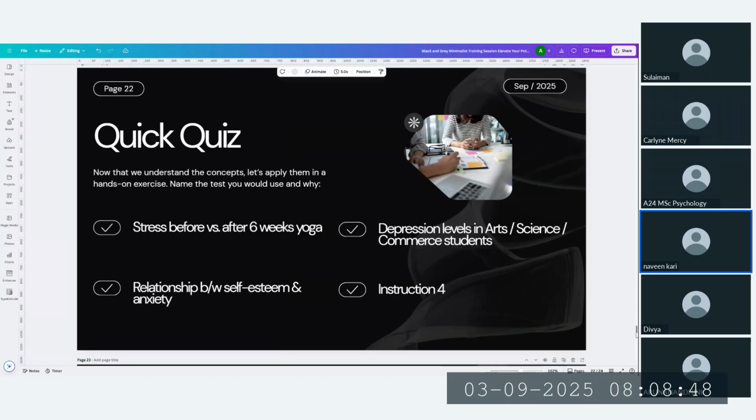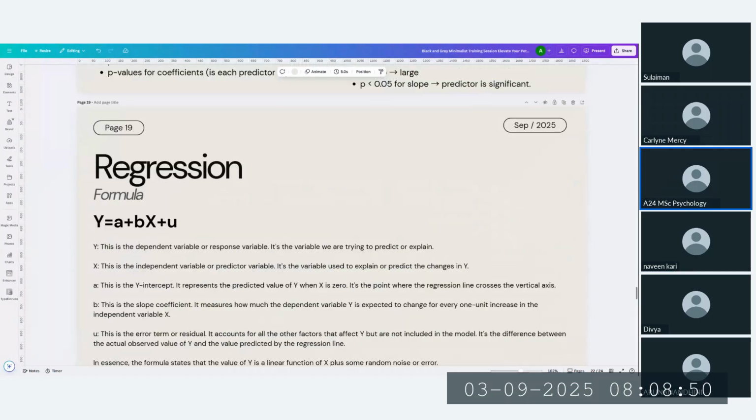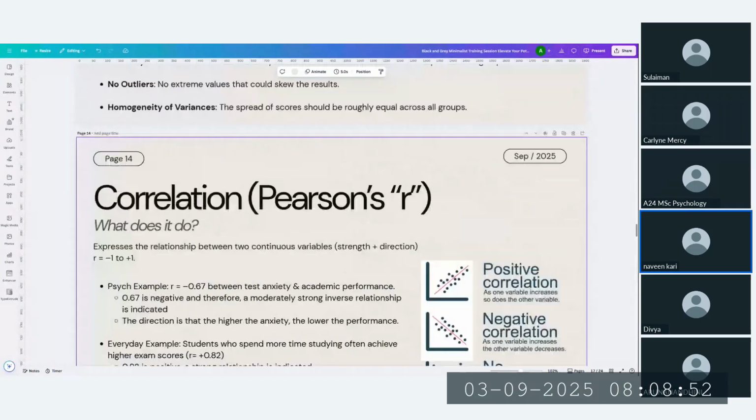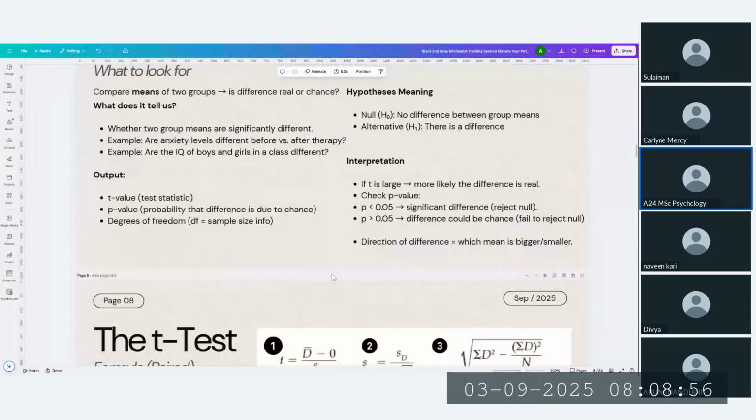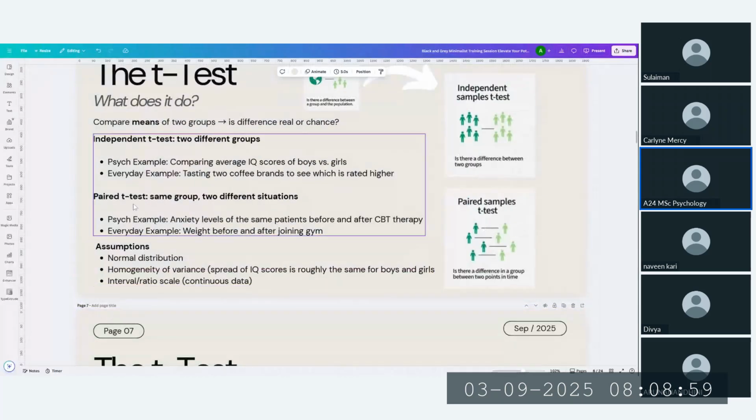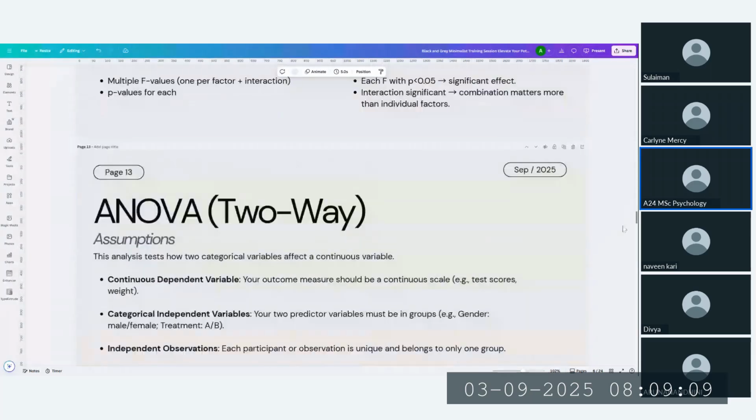Only then we can come to a conclusion after 6 weeks, right? Correct. That is absolutely right. It is the paired t-test. Same group or same individual after a period of time. So that is correct. It is a paired t-test.